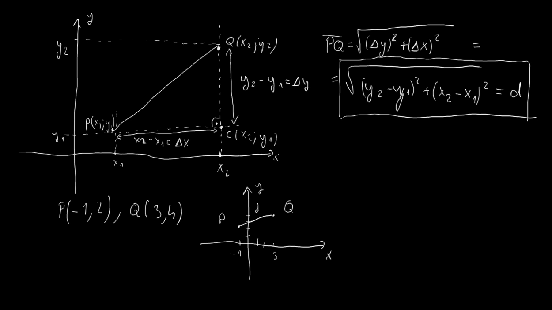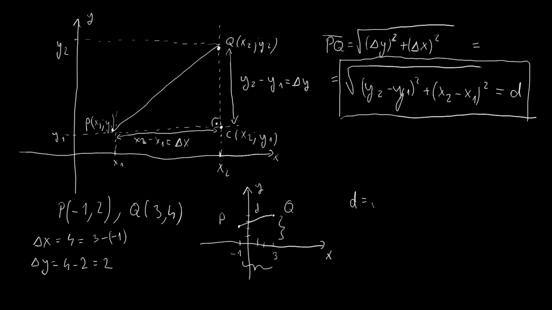Now we should calculate the increment in y and the increment in x. So the increment in x is 4, as we can see, because it's 3 minus (-1). And the increment in y is 4 minus 2, so it's 2, as you can see here.